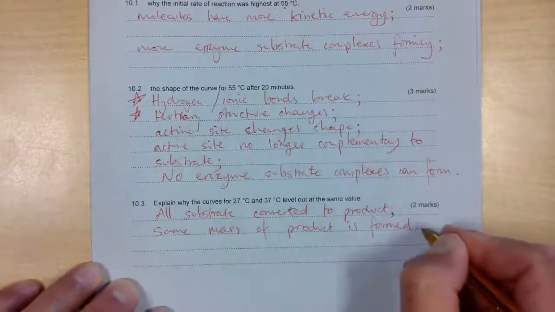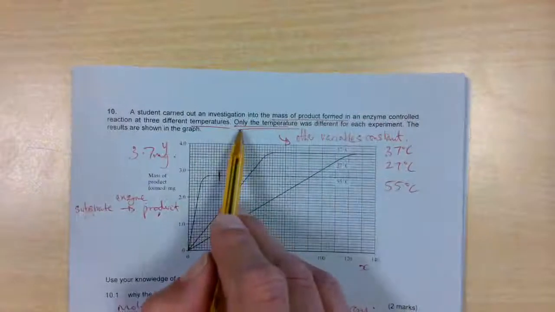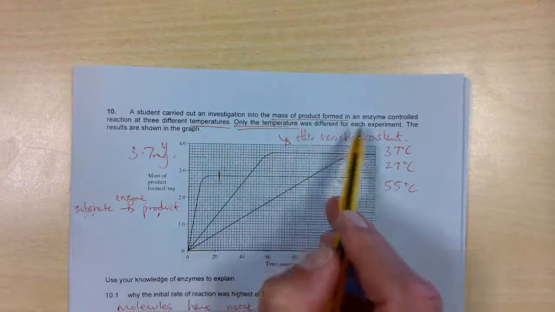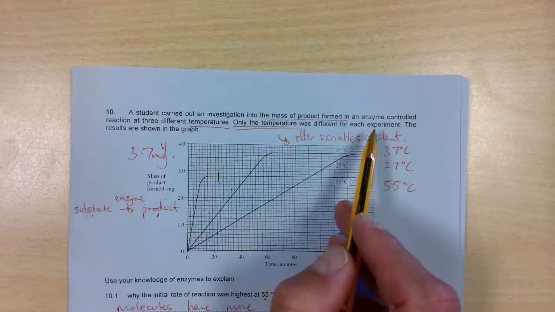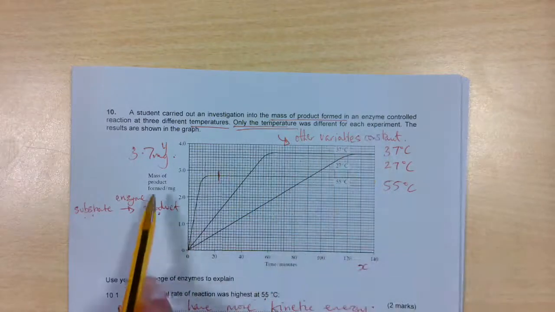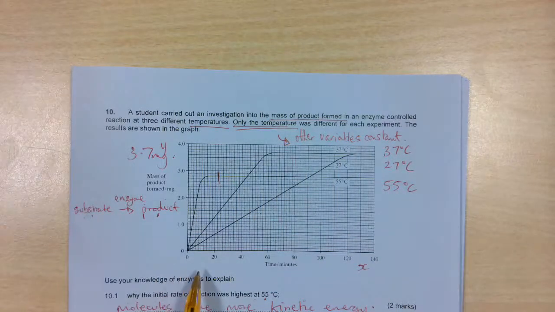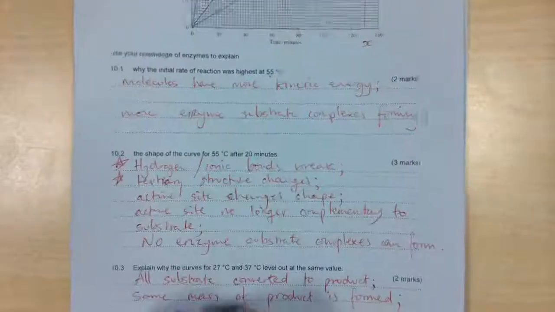And the reason we get the same mass of product is, I'll just remind you of what I said at the beginning, only the temperature was different for each experiment. And that means the initial substrate concentration must have been the same.